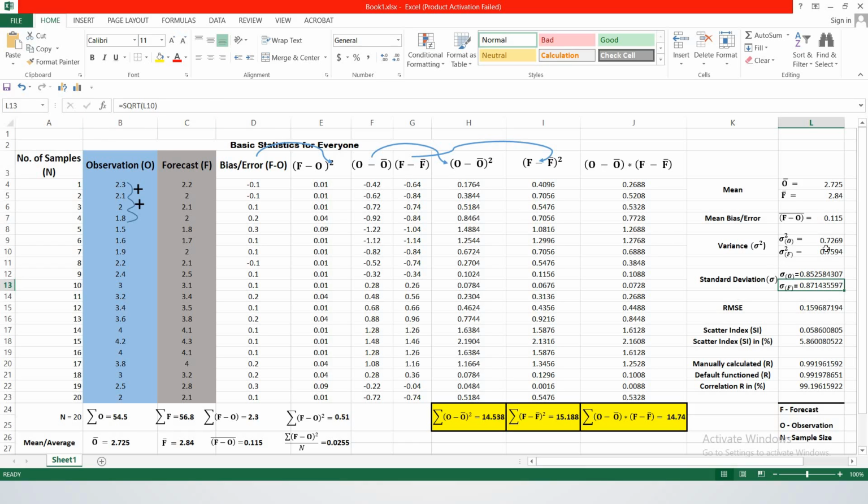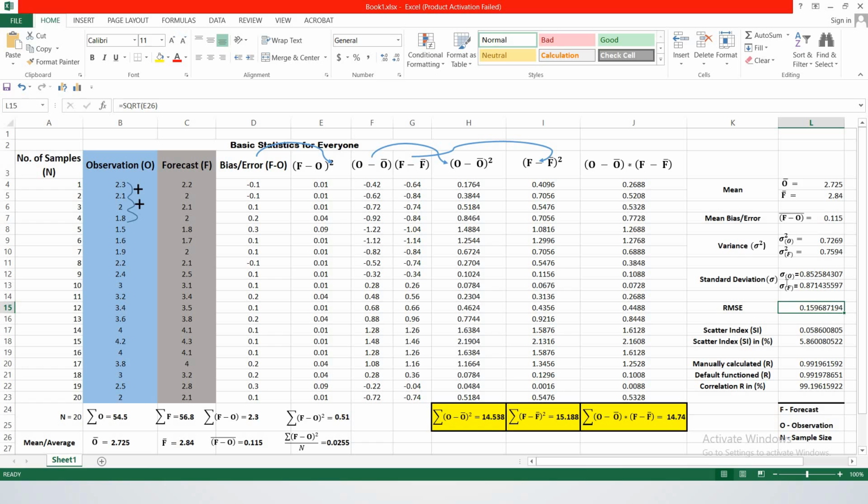Here L10 is the variance for the forecasted data, so if I apply the square root to L10, I will get the standard deviation for the forecasted data. So simply, if you get the variance and apply the square root, you get the corresponding standard deviations.